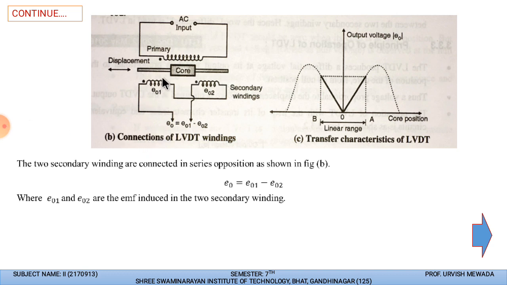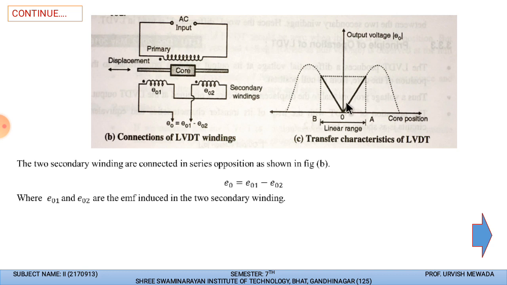And the EMF which is produced in the secondary side, in the first winding is E01, and the second EMF is E02. And this is the characteristic of the LVDT. So here we are getting motion in the positive x direction and negative x direction, a linear motion.